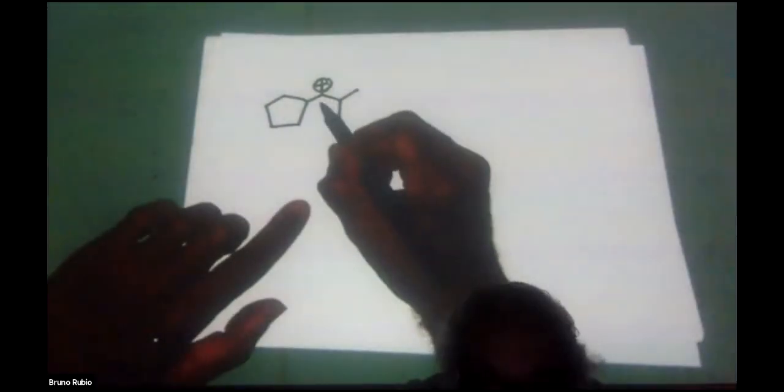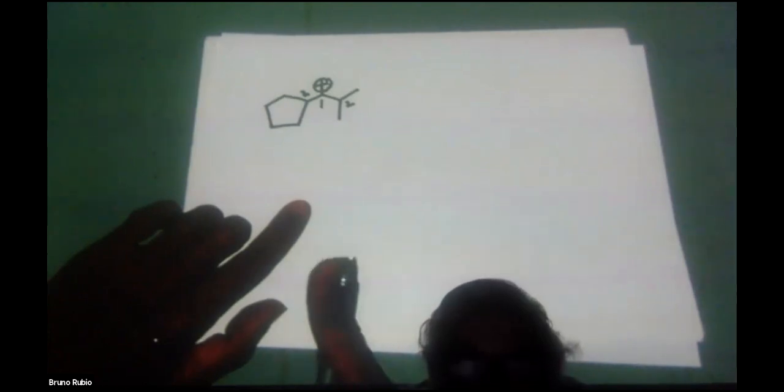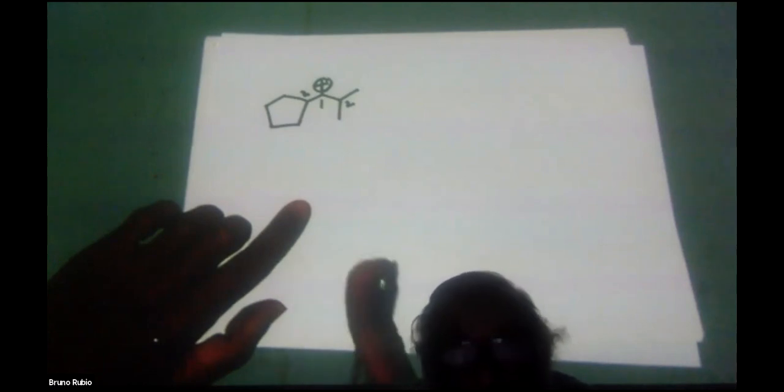Okay, so there's carbon 1, there's carbon 2. Something bonded to carbon 2 is going to pull out of carbon 2. It's going to plug into carbon 1, and the charge is going to move from carbon 1 to carbon 2.